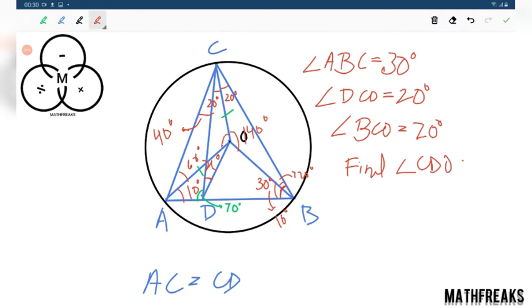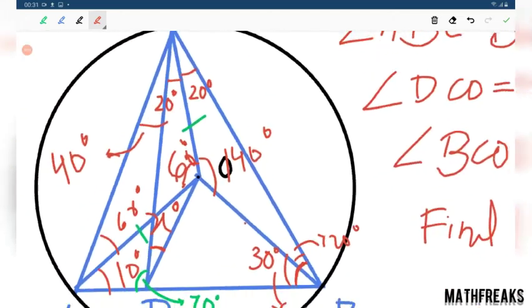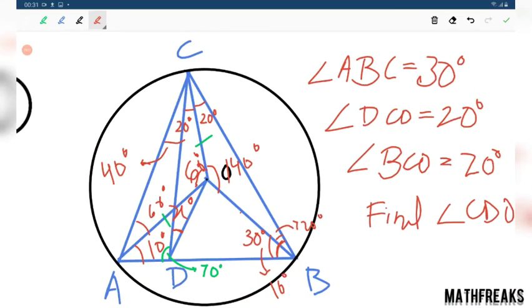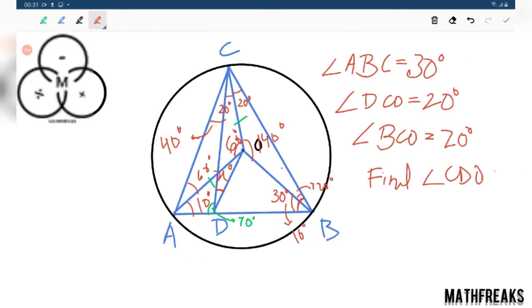What about this angle? This will be twice 30 degrees, that is 60 degrees, which gives us AC equals CO. This gives us CD equals CO. Let this angle be x. Since CD equals CO, this is x, this is x, and this is 20.